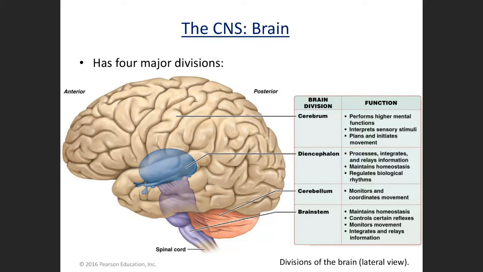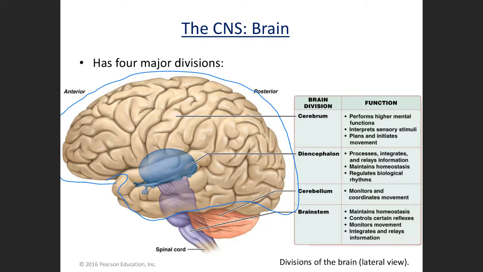On top of that, you can also divide the brain into four major areas or four major divisions. This whole main part that you're seeing here is called your cerebrum. Within the cerebrum, and we'll see, because if you were to split the brain apart, do a mid-sagittal cut on the brain, what you're going to see inside the brain looks like this.